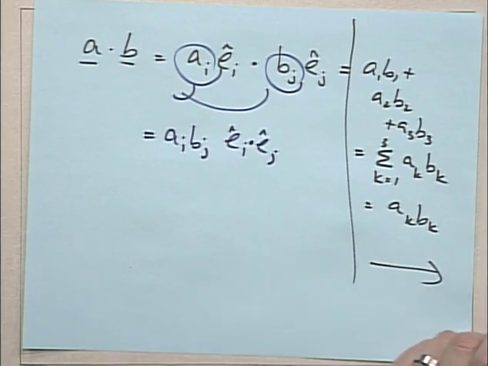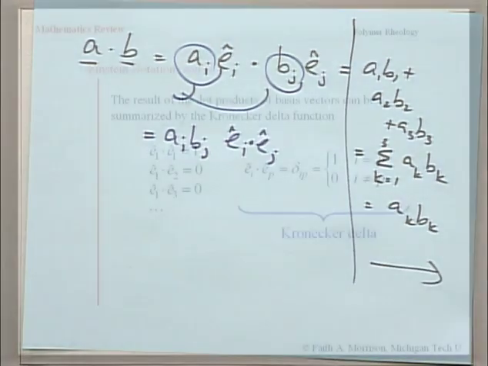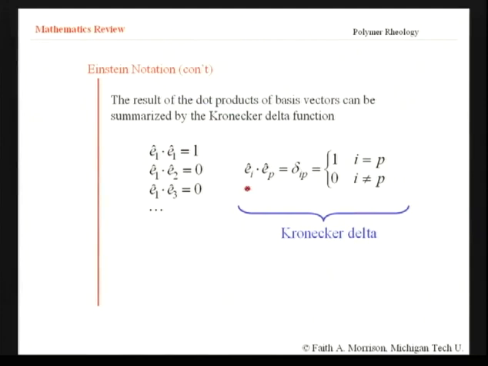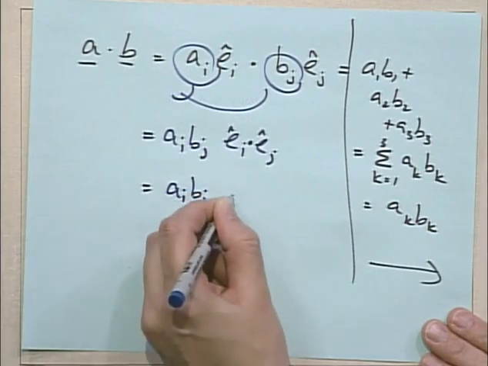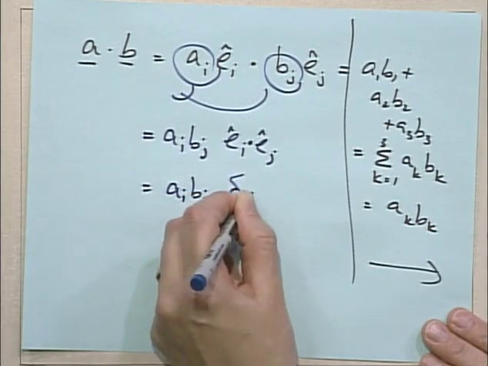And using the fact on this slide that when you dot two vectors, you get the delta function with the subscripts equal to the subscripts of the two unit vectors. So this is equal to a_i b_j delta_ij.